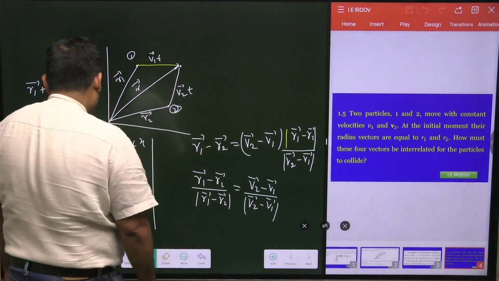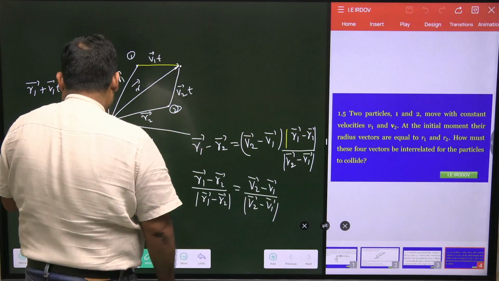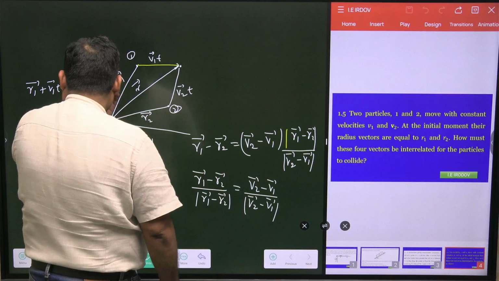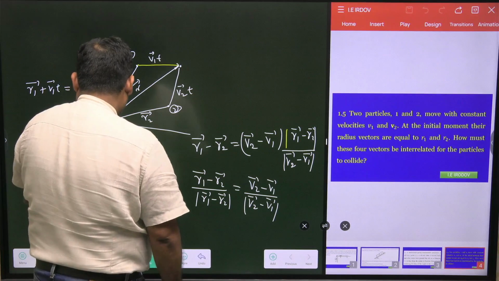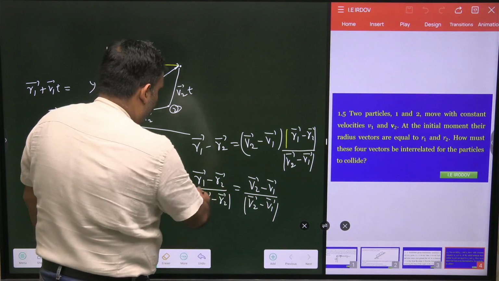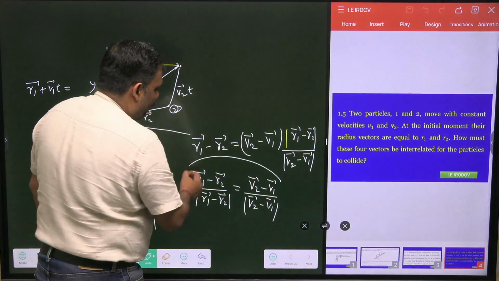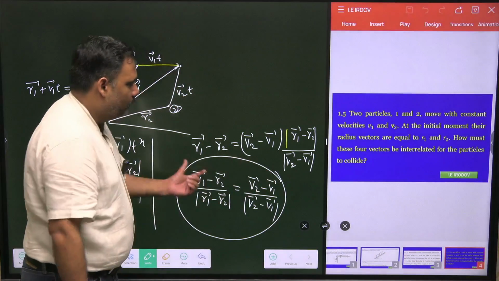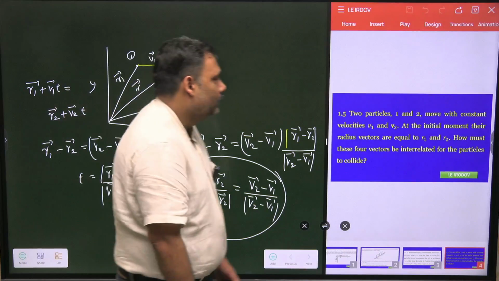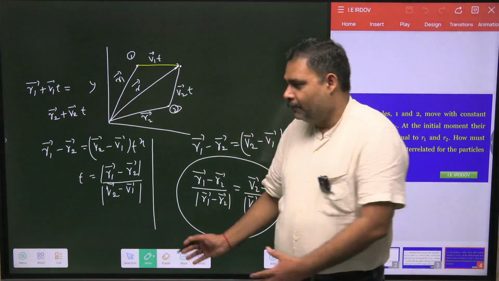Let me check. This is r1 minus r2 and v2 minus v1, and this is the time. So this is the relationship between position and velocity. You can easily find it. This is a wonderful question.